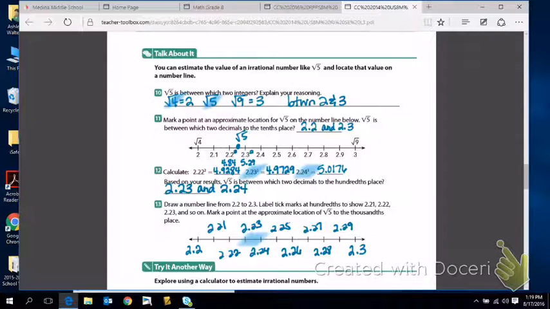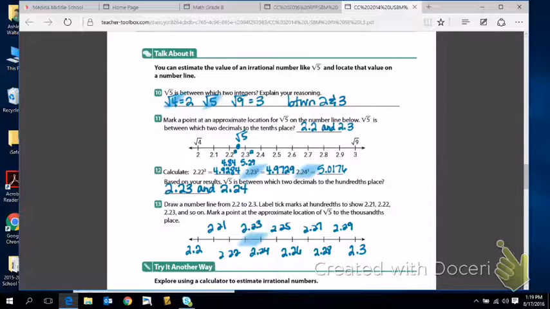We could try 2.235 squared, which takes us to 4.995225. We could still try even farther to 2.236 squared, which takes us to 4.99696.